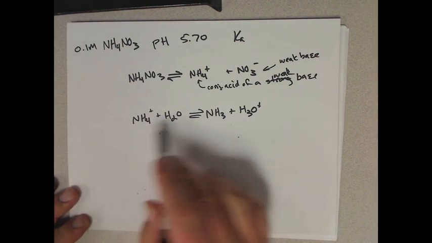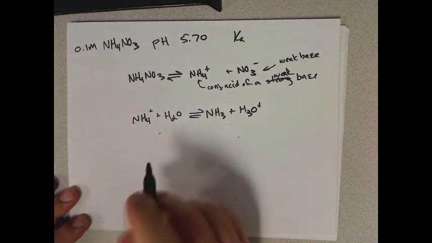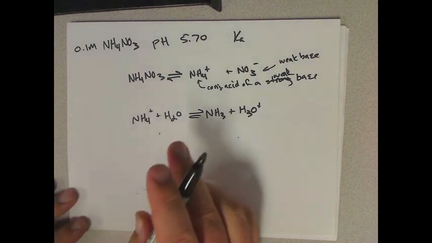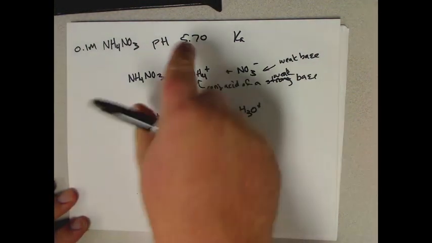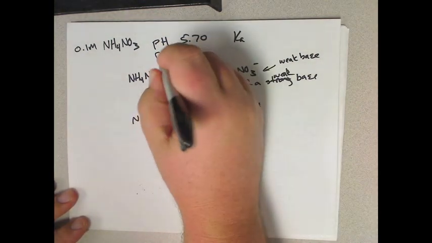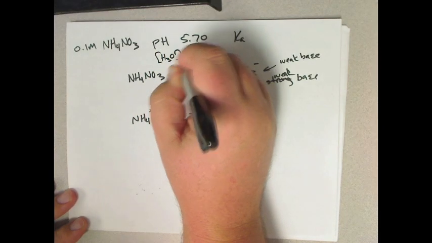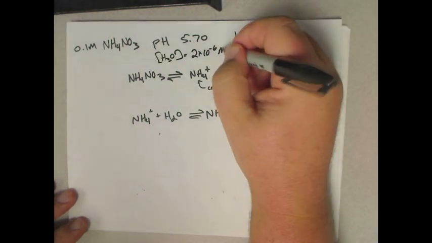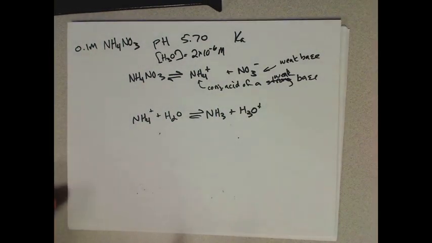Now we need to figure out the Ka, sorry, I keep saying pKa. In this case, we know the pH is 5.7, so we can just take the negative log of that, which gives us 2 times 10 to the minus 6 molar. Now we're in a place where it may have an effect.